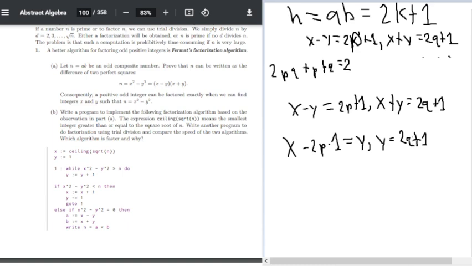So we have that x minus 2p minus 1 is equal to 2q plus 1 minus x. So we have that 2x is equal to 2p plus 2q plus 1.